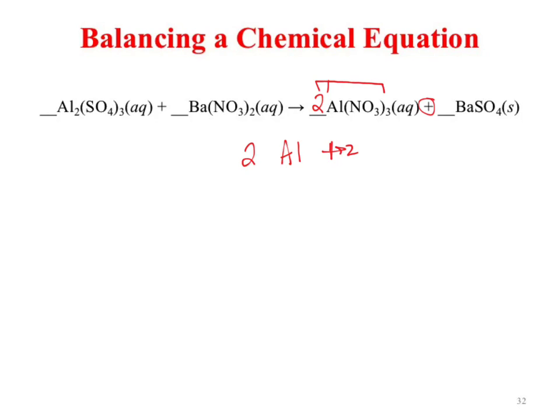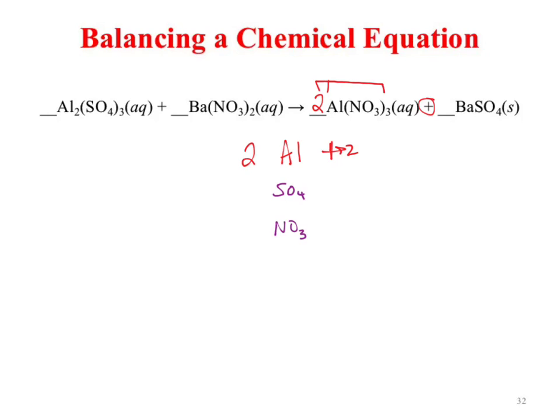What's the next thing I want to balance? I heard 2 suggestions. I heard an SO4, and then oddly enough I heard the NO3 too. Why not just sulfur? I can kind of cheat with this equation. What happened to SO4 in the course of this reaction?